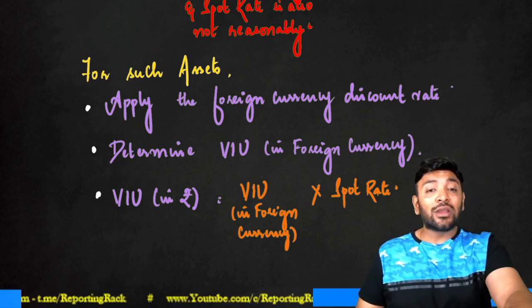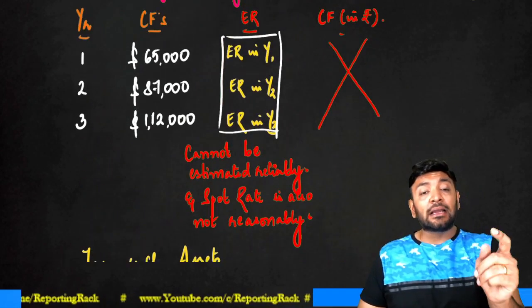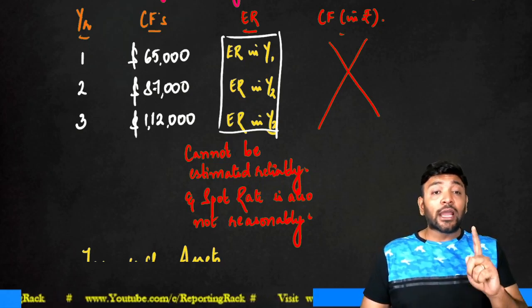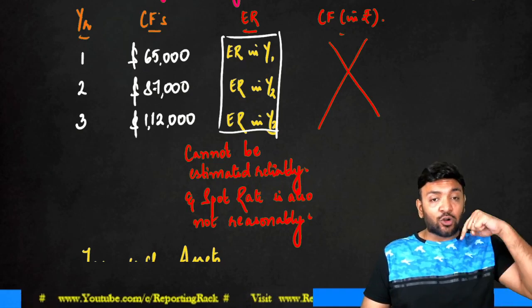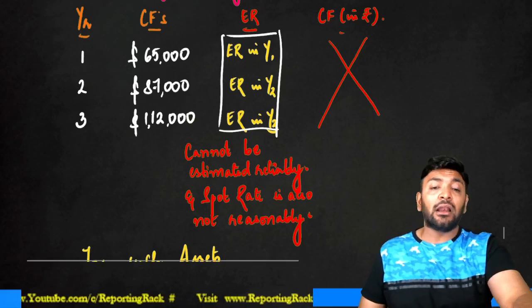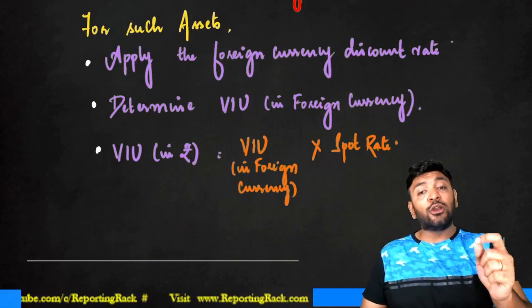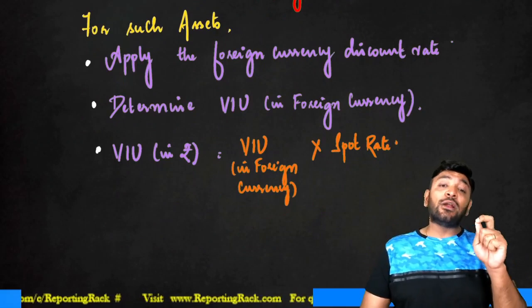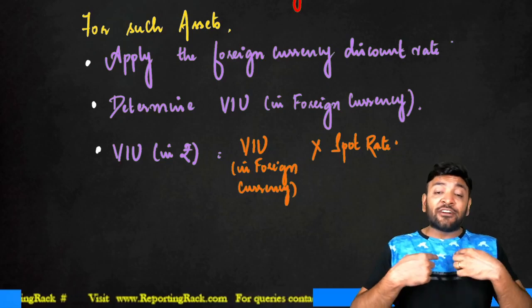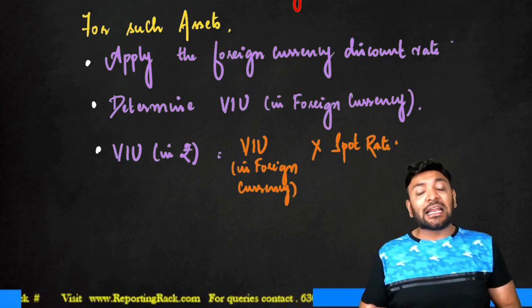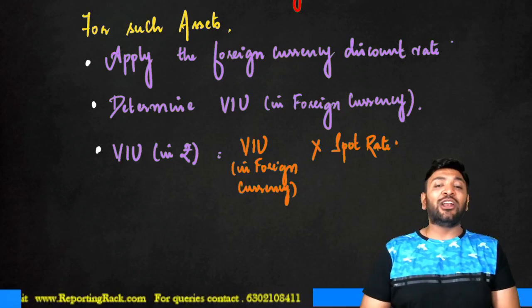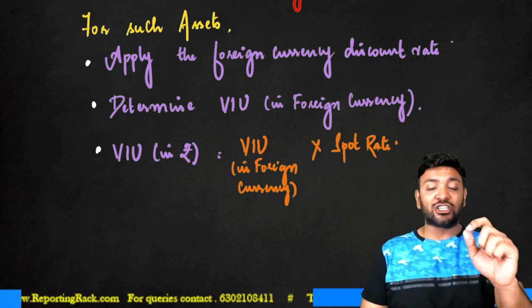I said you cannot take spot rate in converting the future currency cash flows into INR. You cannot apply the spot rate, the exchange rate on today's date, to convert the foreign currency cash flow into INR. But however, once you have identified value in use in foreign currency, such value in use is today's value. If I find today's value in foreign currency, I can multiply it with a spot rate and I can determine value in use in INR or your functional currency.